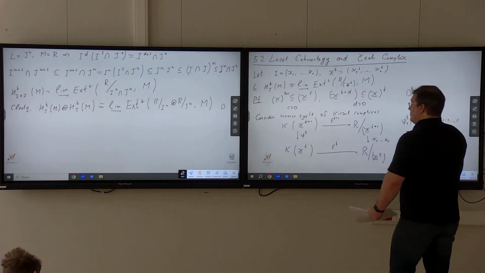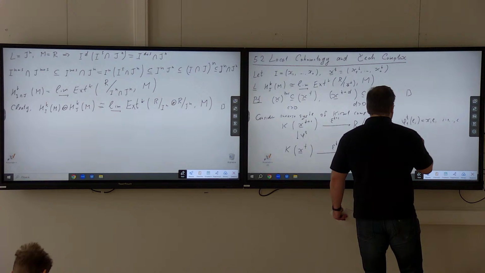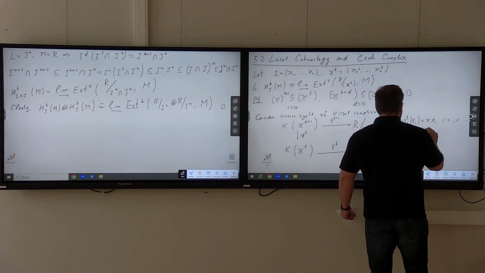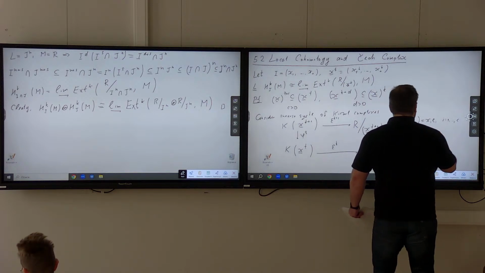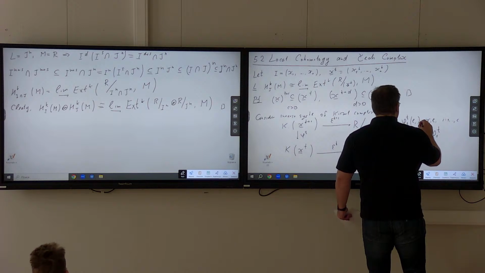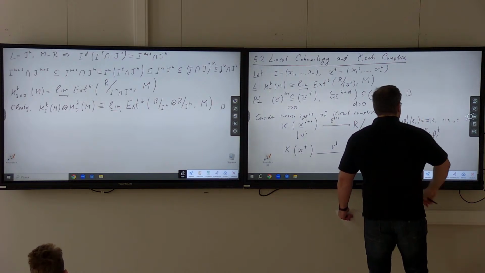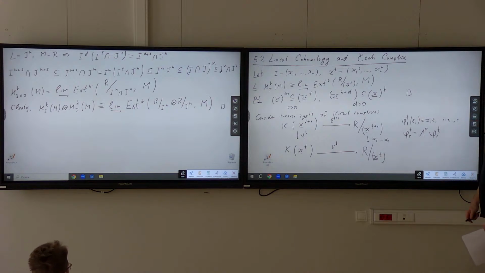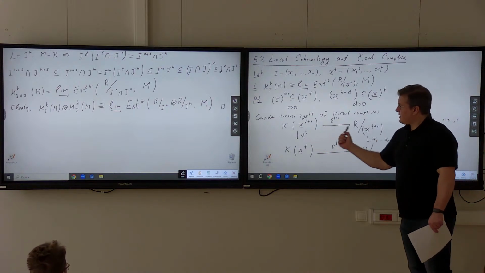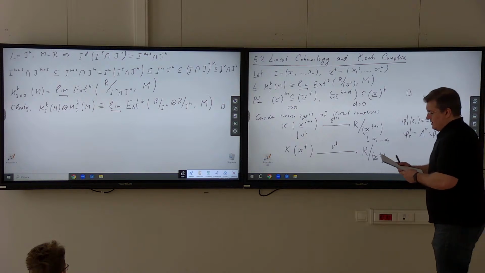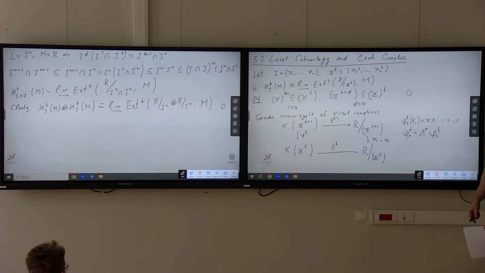Then if I want to extend this to the exterior algebra, I just take the corresponding exterior power. So these two formulas give me a definition of the map phi. I leave as an exercise to check that this is a commutative square with this definition of phi. What is the second map, this vertical map?